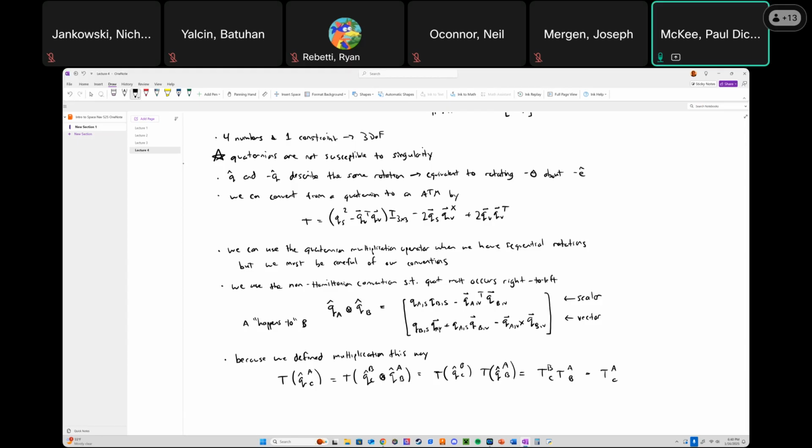All right. Now, complete tangent, you may also benefit from knowing the quaternion kinematic equations. We will not use these in this class, but one of you probably will use it for your research.